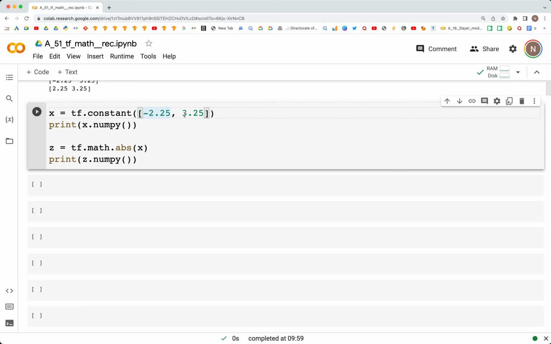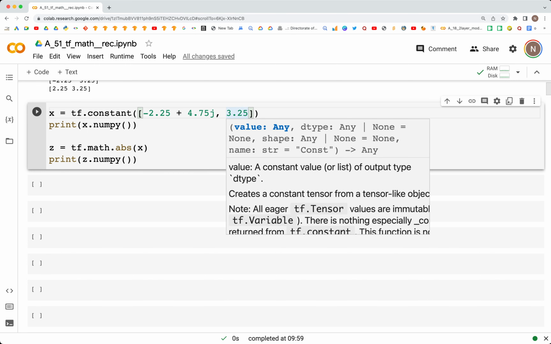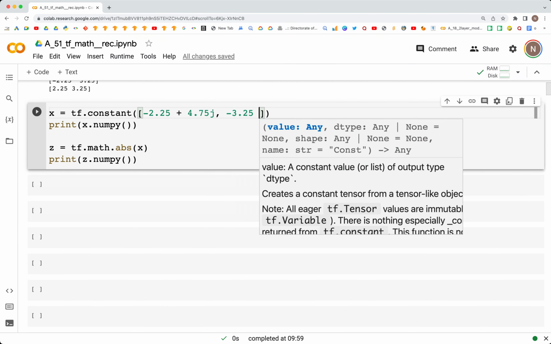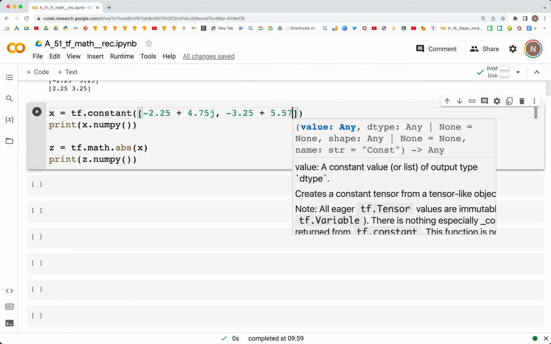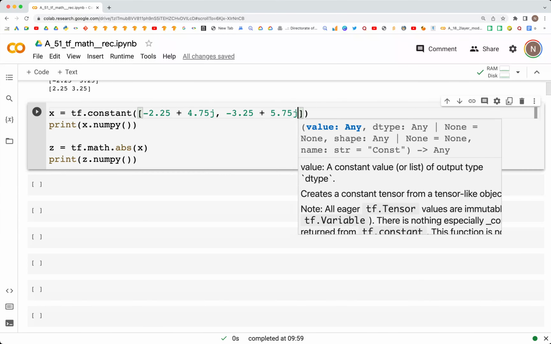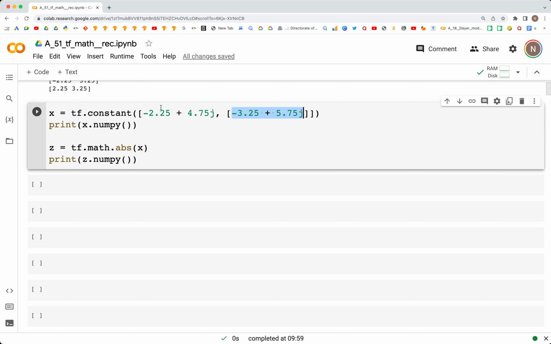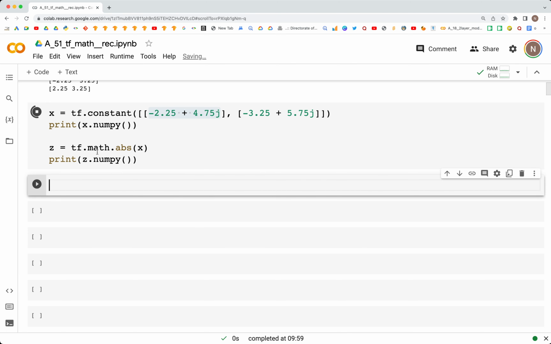Let's say this number is minus 2.25 plus 4.75j, and the second number, let's say this is minus 3.25 plus 5.75j, and we'll put each of these in square brackets. So we are changing the dimensions of the tensor.